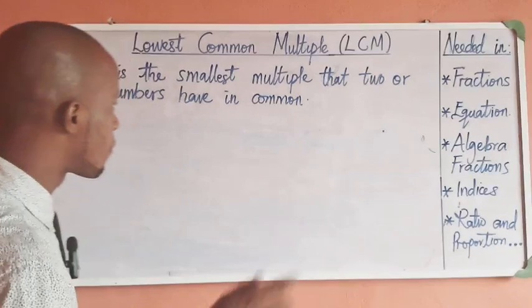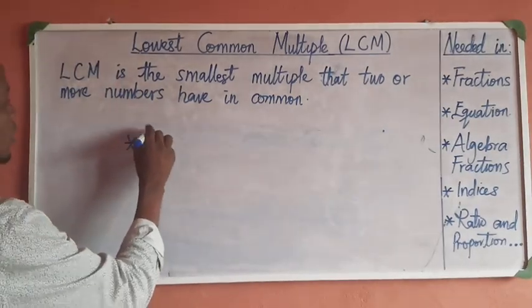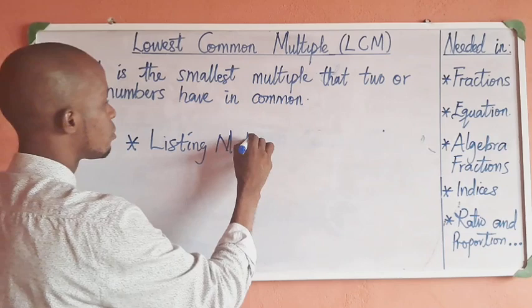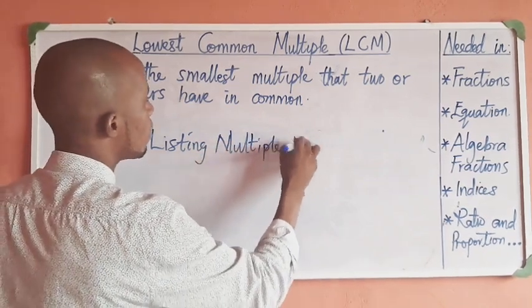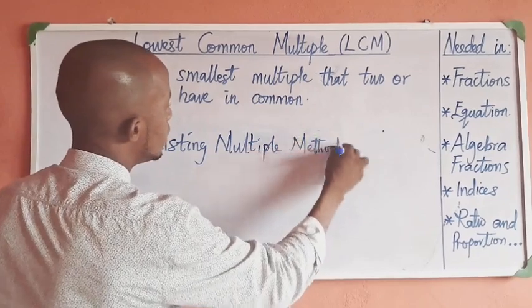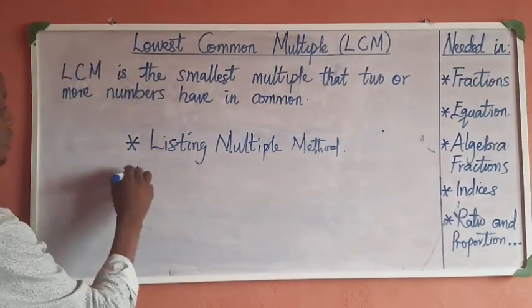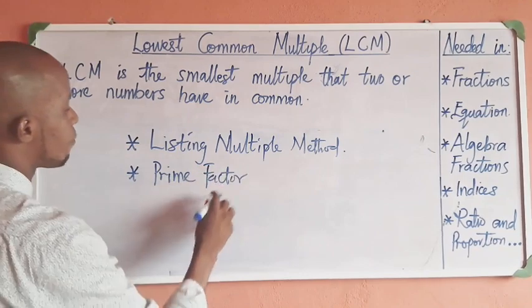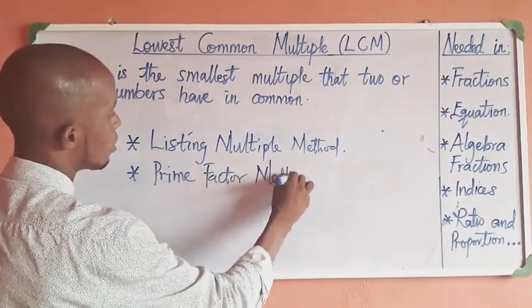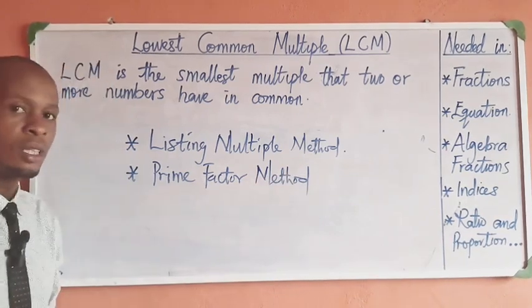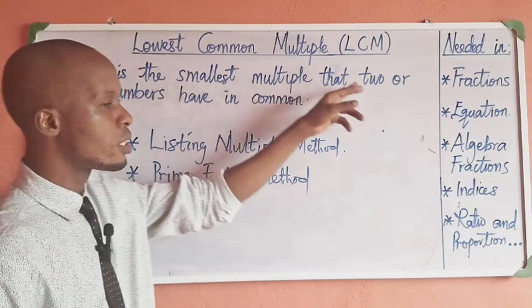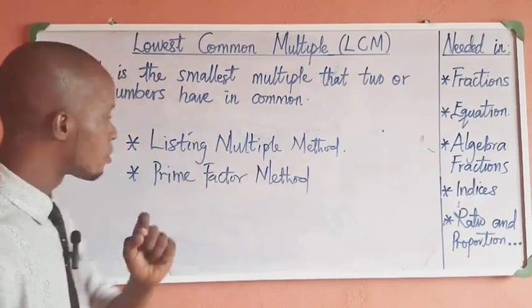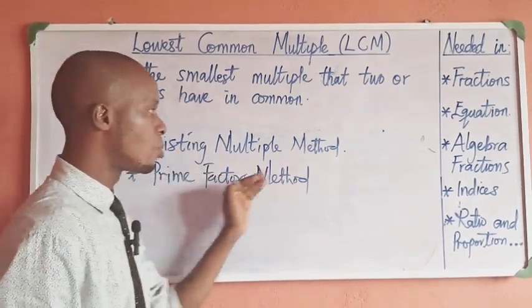The first method is what we call the listing multiple method. And the second is the prime factor method.